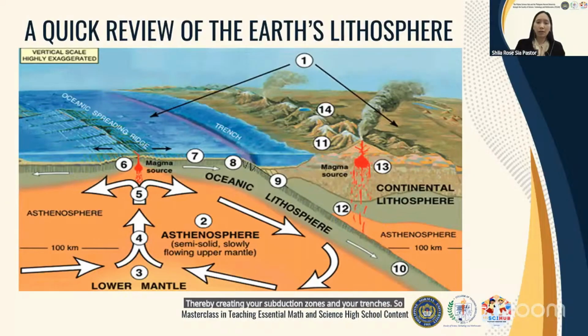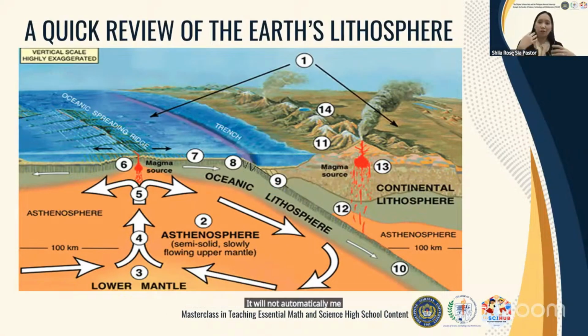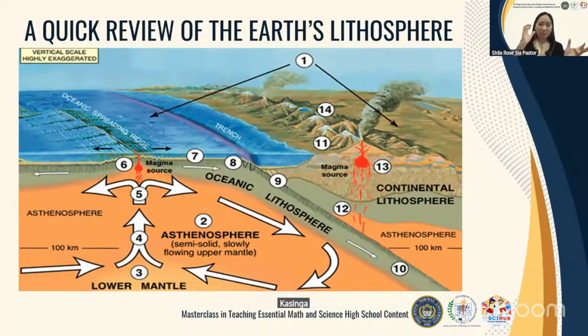So once the oceanic lithosphere has already subducted, it will not automatically melt, right? As you increase pressure and temperature, that does not guarantee melting, because certain conditions have to be met for melting to actually occur.